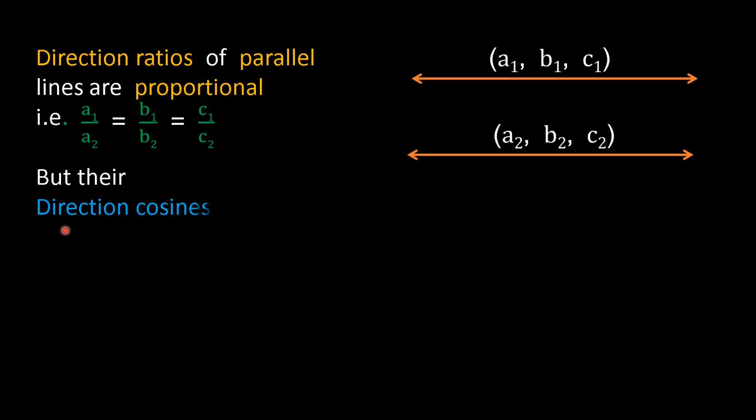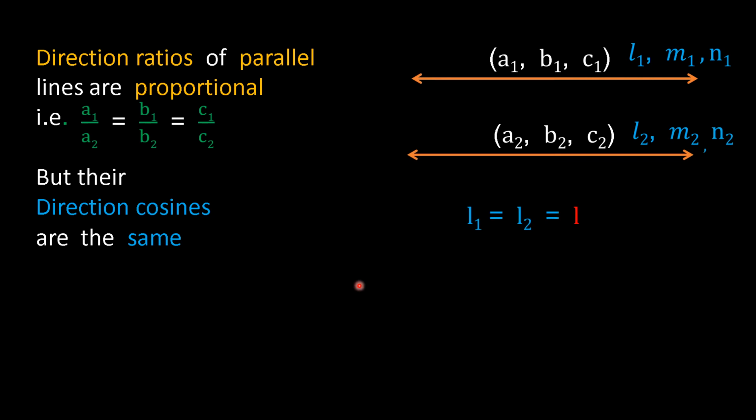But their direction cosines l1 m1 n1 and l2 m2 n2 are the same, that is l1 equals l2 equals l, m1 equals m2 equals m, and n1 equals n2 equals n.